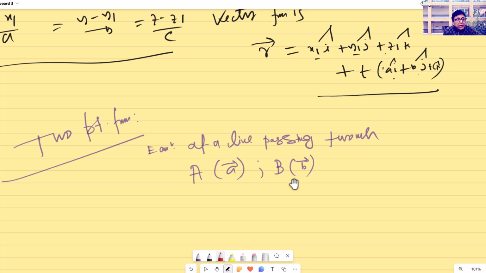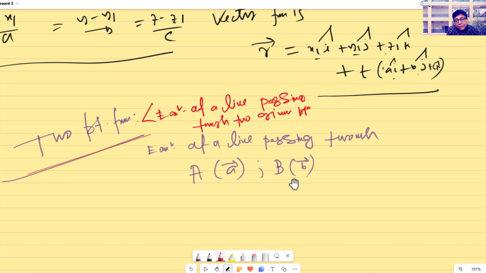Okay? This is the 2-point form. The 2-point form is what then? Equation of a line passing through two given points.